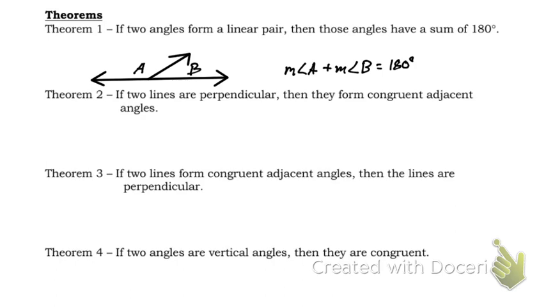Theorem 2 says if two lines are perpendicular, then they form congruent adjacent angles. We are going to pretty much draw the same drawing for 2 and 3, so I'm just going to draw it twice, and I'm going to cheat because I have an awesome copy-paste feature.